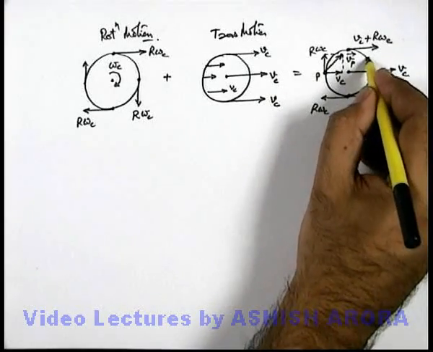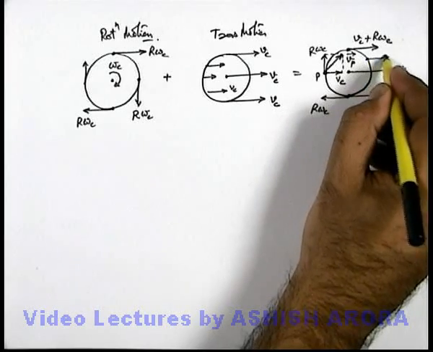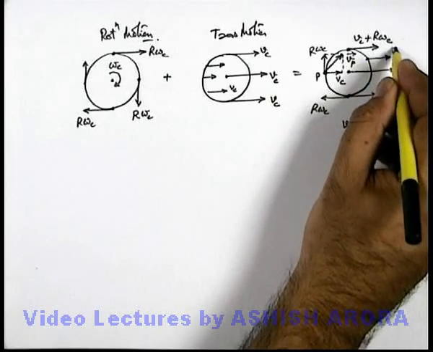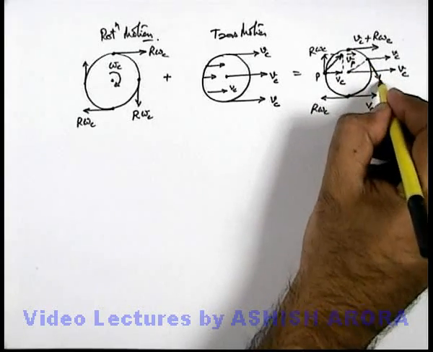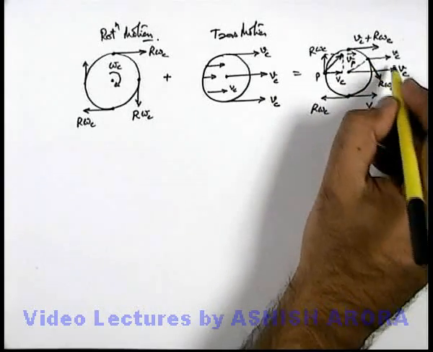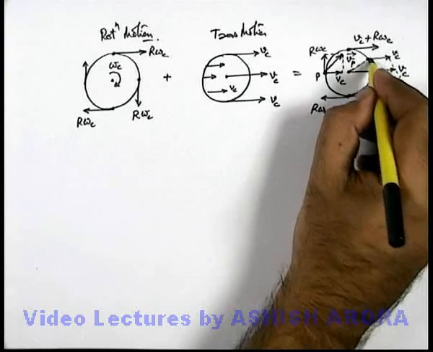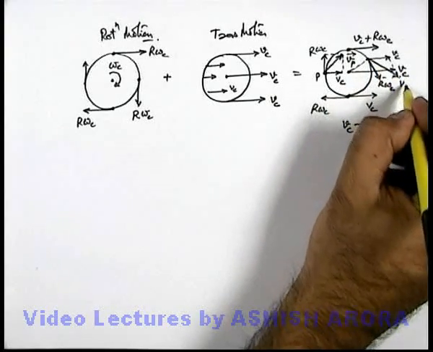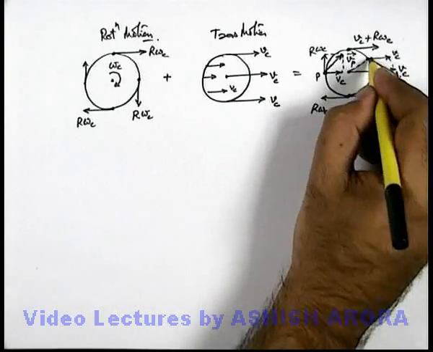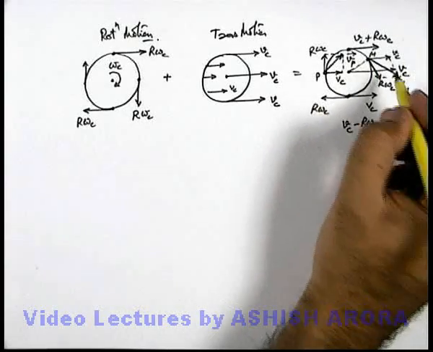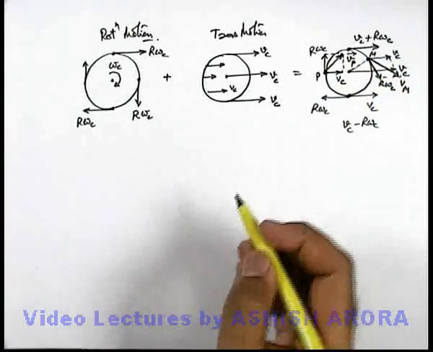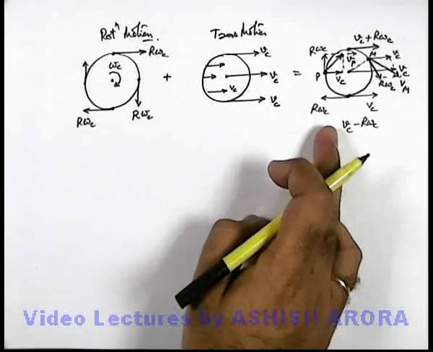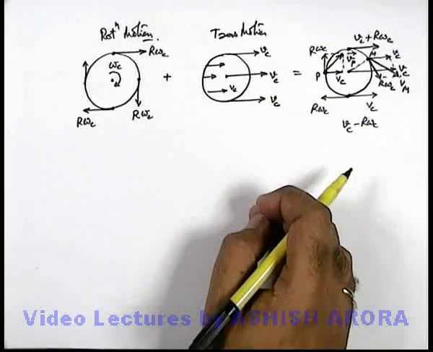Like if a particle is here, it will have velocity due to translational motion in the forward direction, and r omega c in the tangential direction. So by using vector addition we can find its velocity as Vm, if m is this position. So using vector sum we can calculate velocity vectors of various particles on the body in rolling motion.